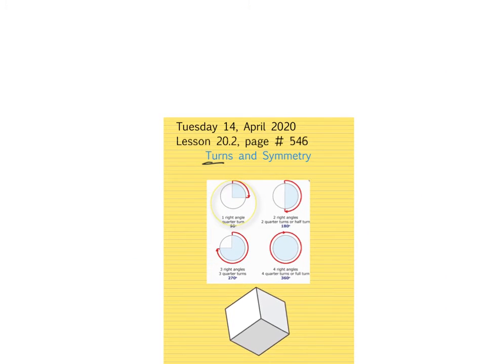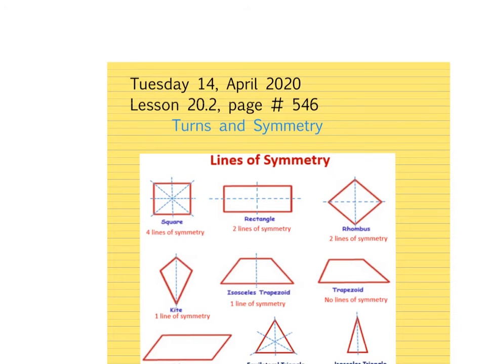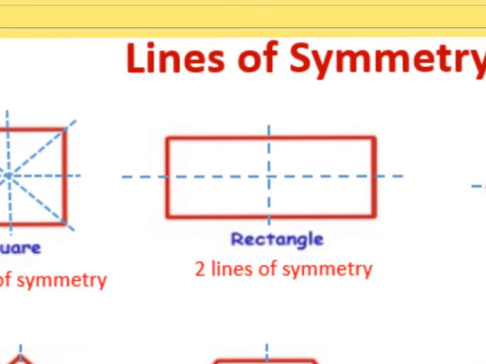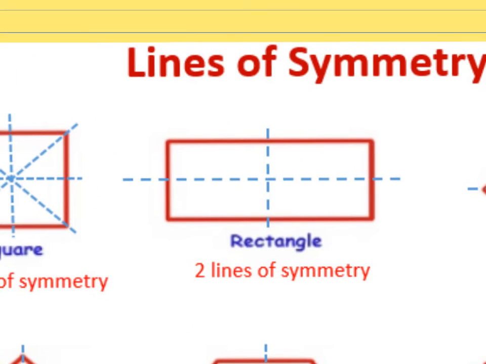Now let's try to work with symmetry. With symmetry, you will discover something just a little different, but still as easy as turns. A line of symmetry is basically a line that divides a figure into 2 exact equal sides. So if you look at this figure, the first line of symmetry will be this.